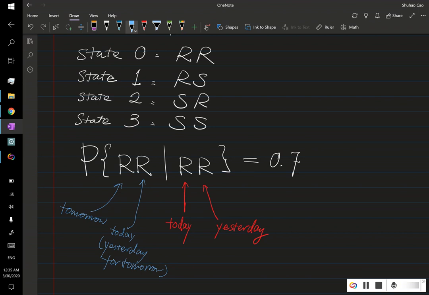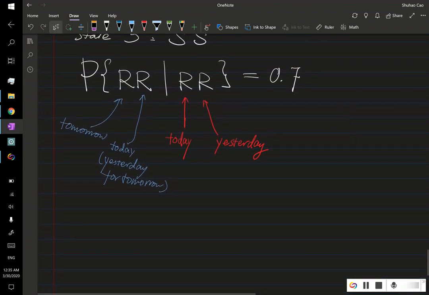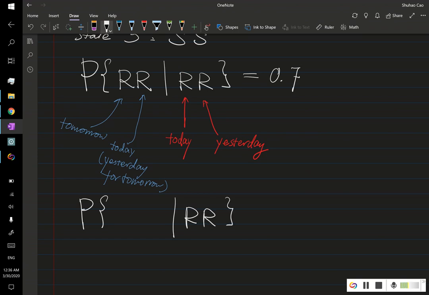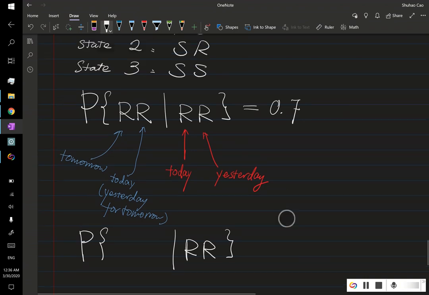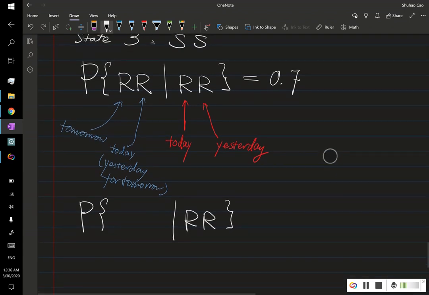Let's look at the next: given that today is raining, what about moving to state 1, from state 0 to state 1?